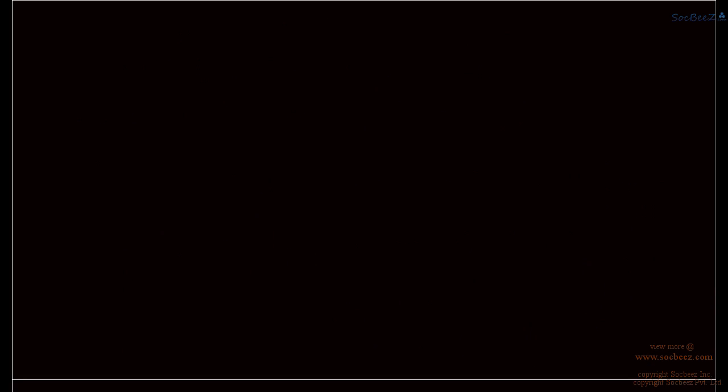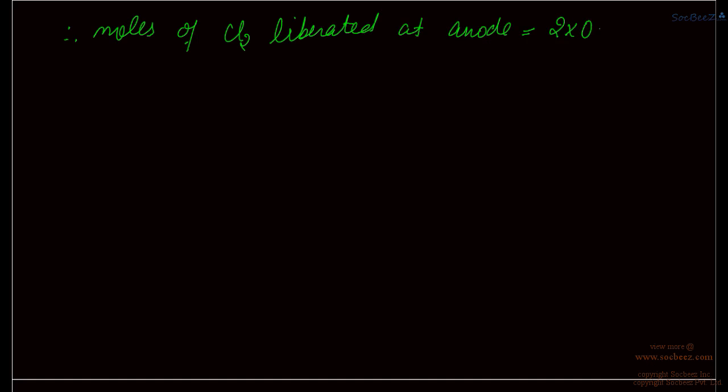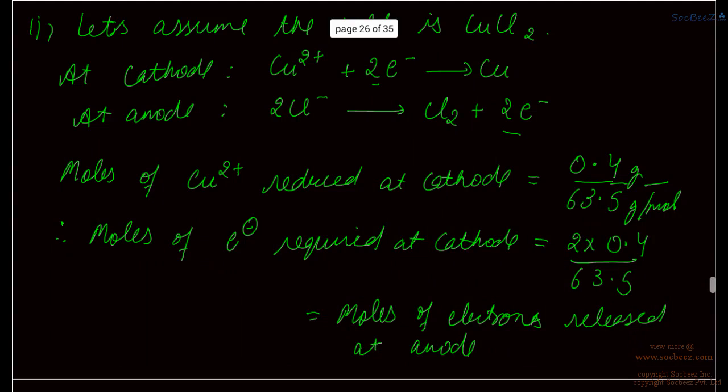Now therefore moles of Cl2 liberated at anode equals 2 into 0.4 upon 63.5.